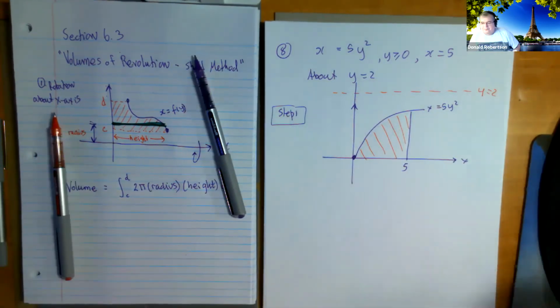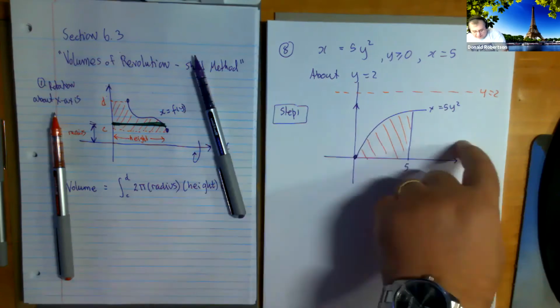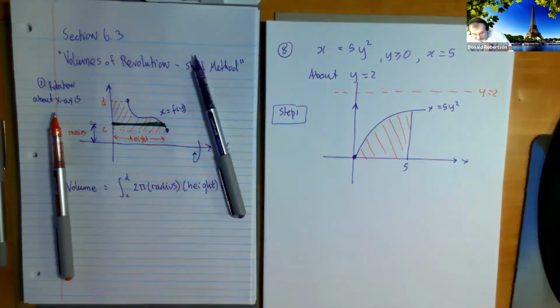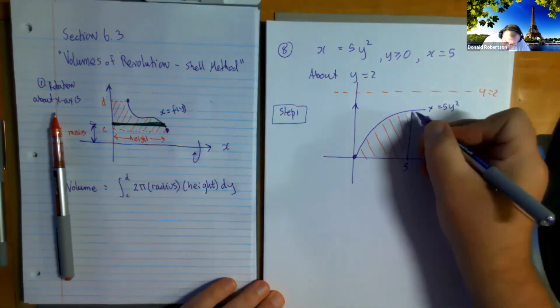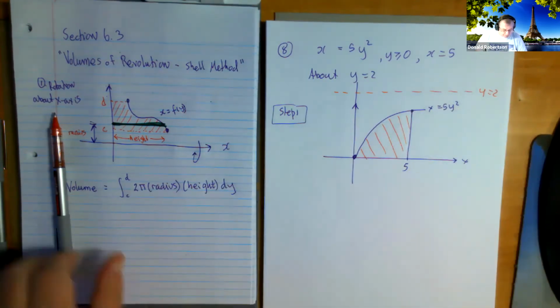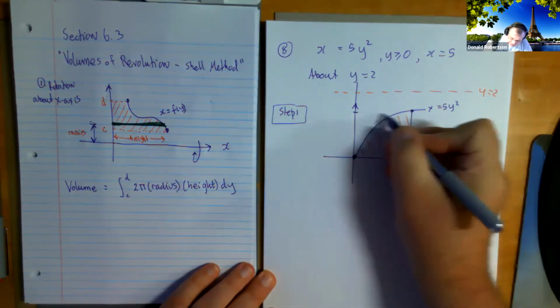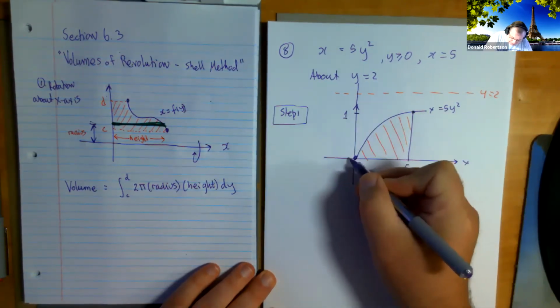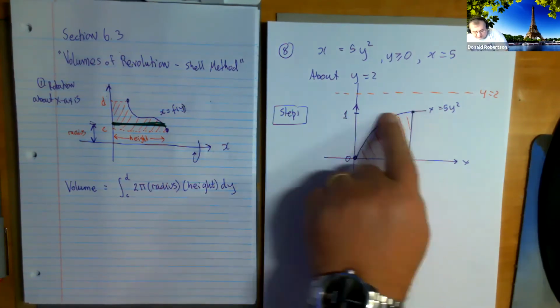I couldn't figure out where I was going to put the line y equals 2 because I guess my scale looked so big that I thought I was going to cut through the middle of the shape, but actually I'm not. I was going to go there. So, if you find this fella here, can you trust me this guy is 1? So when x is 5, y is 1.